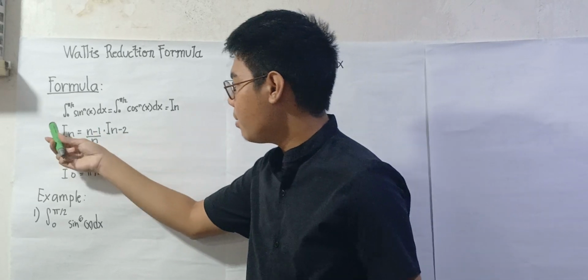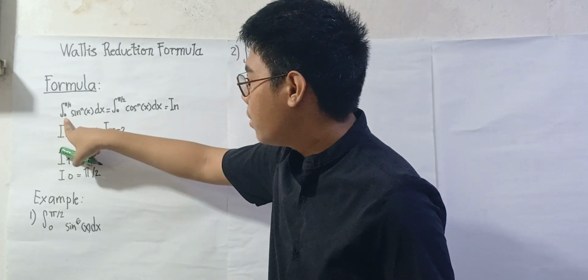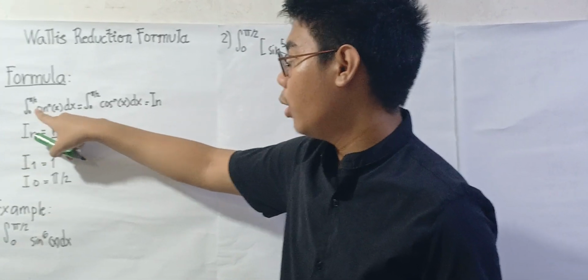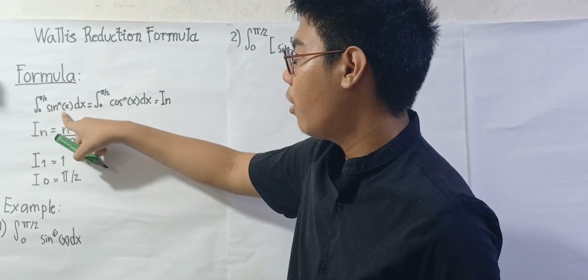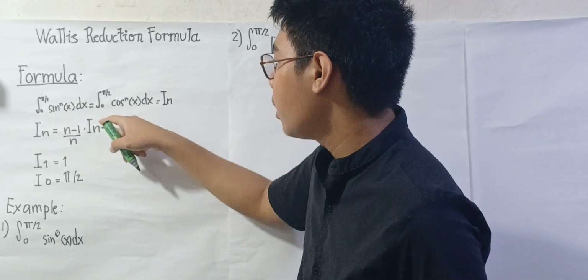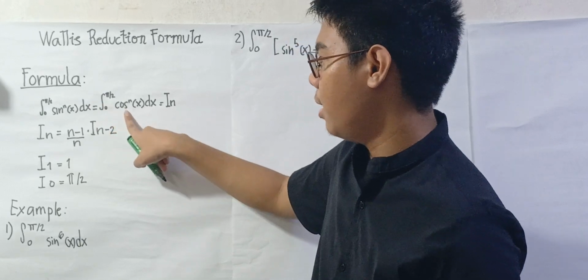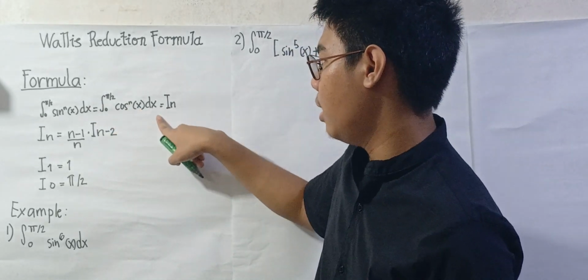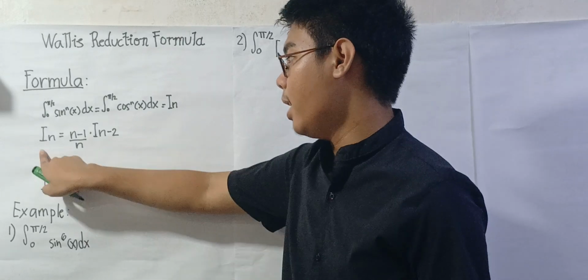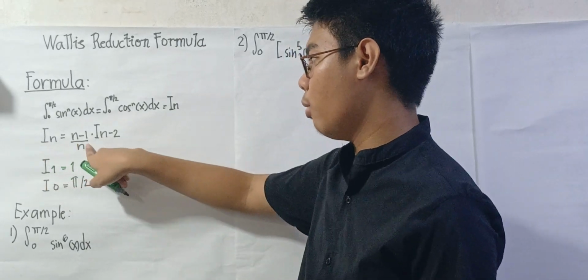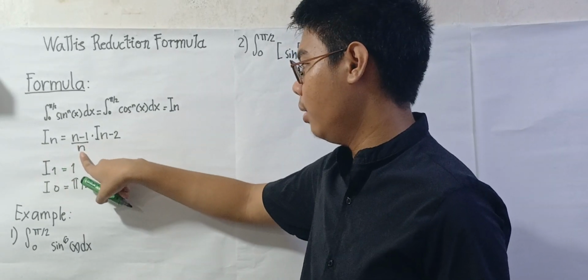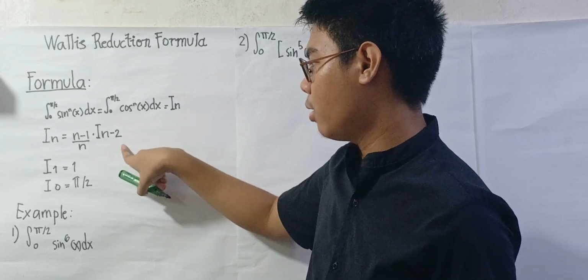The first is the integral from 0 to pi over 2 of sine to the n power of x dx, or the integral from 0 to pi over 2 of cosine to the n power of x dx, equal to In, and In is equal to n minus 1 over n times I(n minus 2).